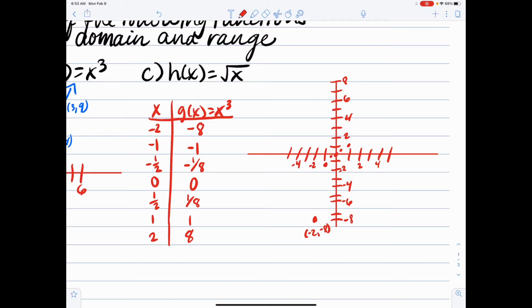So it jumps pretty quickly up here. So this is 2, 8. I'm just going to label a couple of these. This is 1, 1. This is -1, -1. Okay, so this kind of curves like this and then jumps up to this point up here. I'm actually going to do that in a different color.